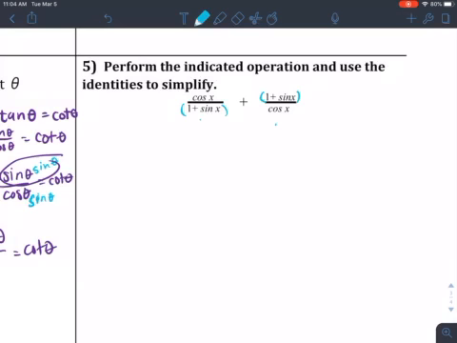So I'm just going to go ahead and get this common denominator here. So it looks like I need to multiply the right side by 1 plus sine x on the top and the bottom. And on the left side, I need to multiply by cosine of x, because that's what the bottom is missing.